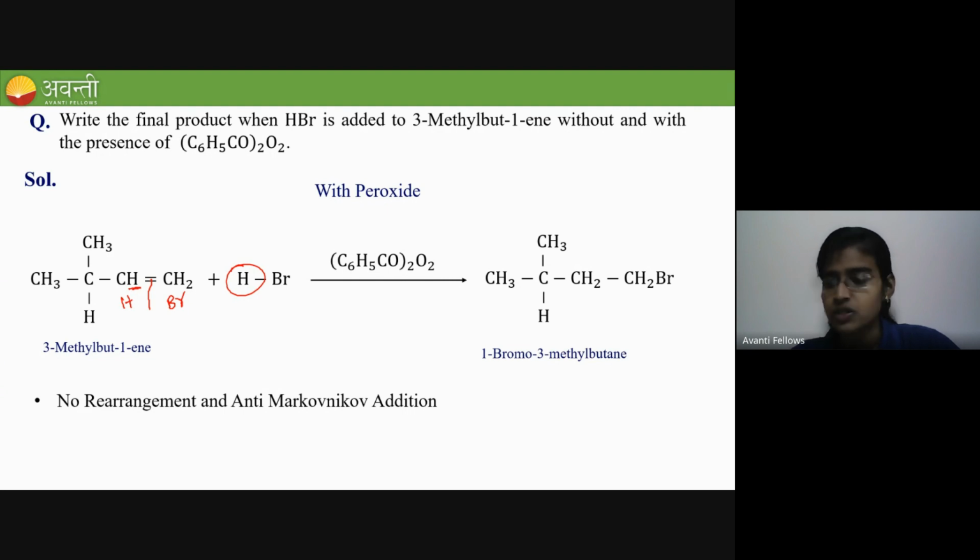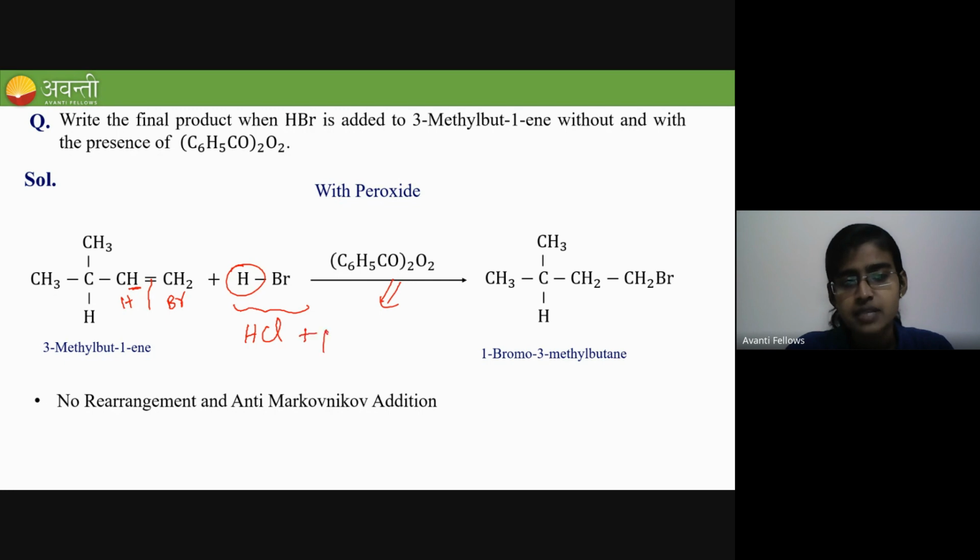So this is the second reaction, the addition of hydrogen halide, and in that we have discussed Markovnikov and anti-Markovnikov. Got it? Now one more thing. If I have HCl in place of HBr, and also have peroxide, will the product remain the same or will it be different?